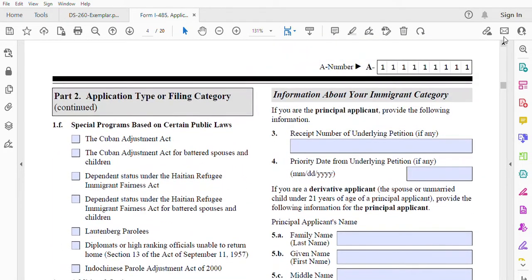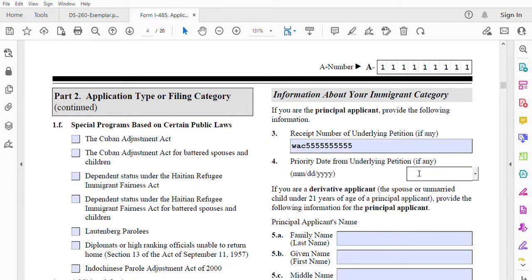Information about your immigrant category. If you are the principal applicant, provide the following information. A receipt number, you will have it. It is WAC. And the priority date, check your I-797.